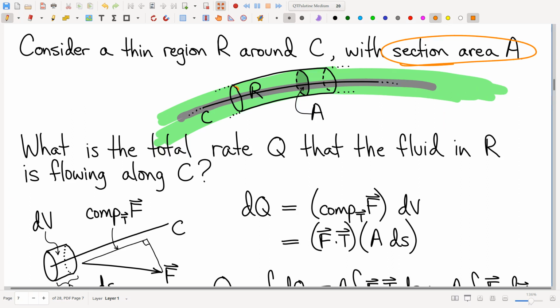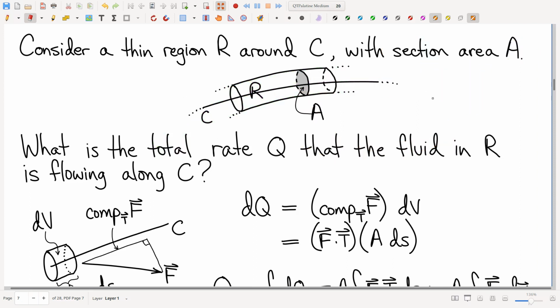So around our curve, I want to imagine that we drag these little areas along the curve, and that will make this thin little, it's tempting to call it a tube, but let's not think of it as a tube because it's not confined. This is just a bunch of fluid. The fluid's going to be flowing every which way. It's not stuck in the tube. So let's not think of it as a tube.